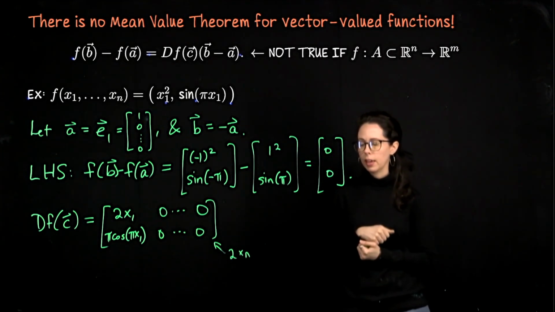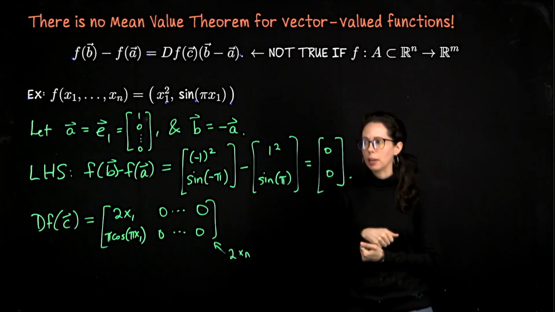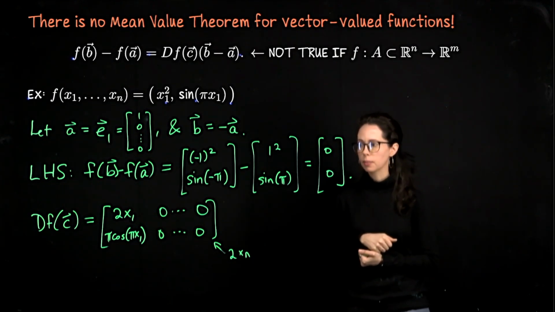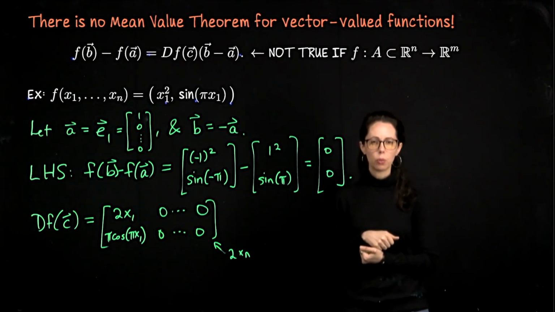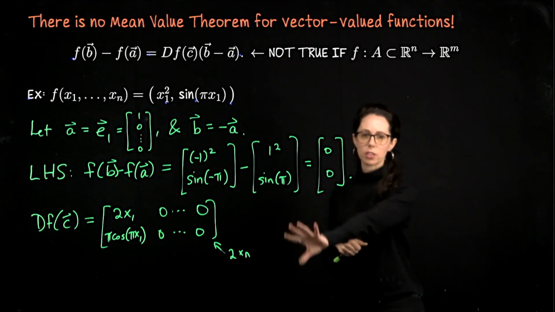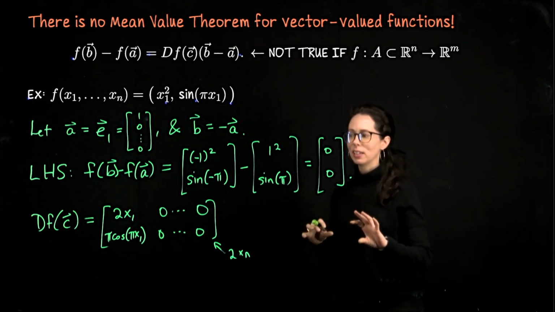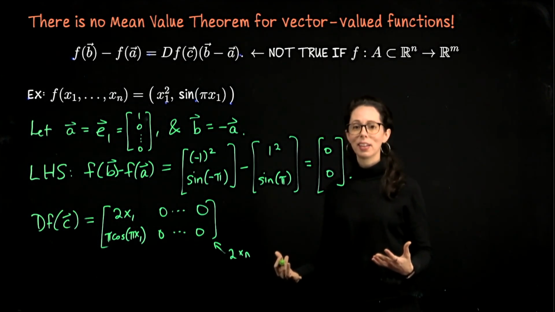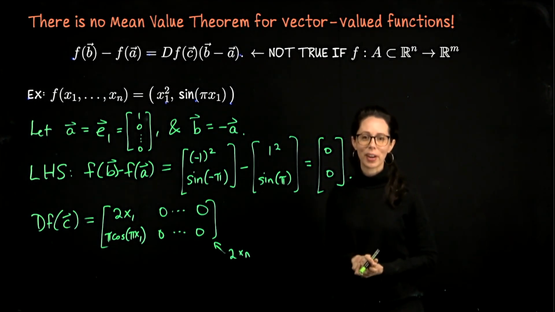If I take that and multiply it by b minus a, that's like multiplying it by the vector 2e1. Maybe I'll pause here, if you didn't get this far, and take a moment to see if you can compute the right-hand side and compare it to the left-hand side.